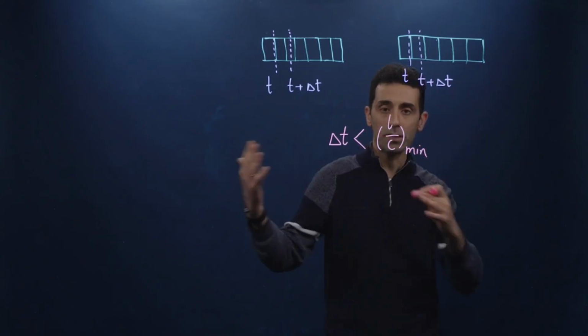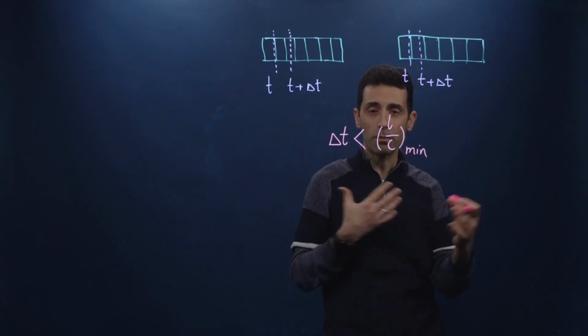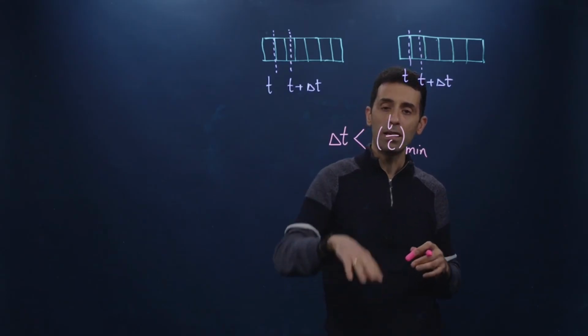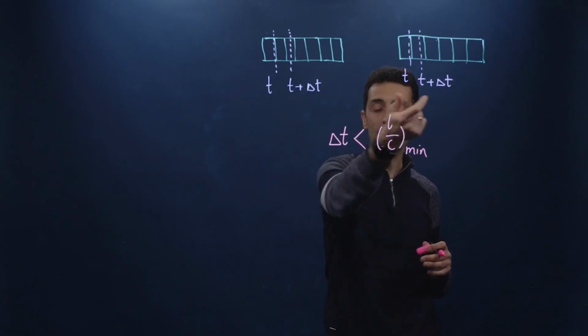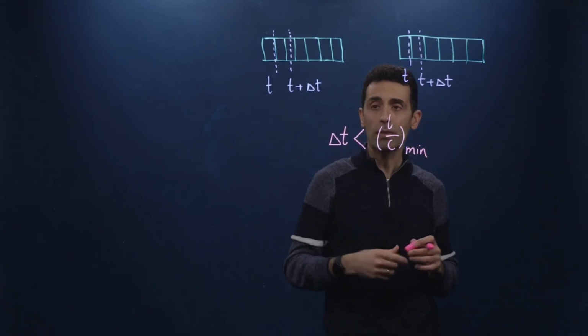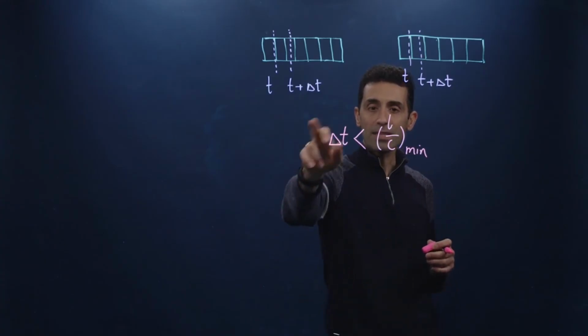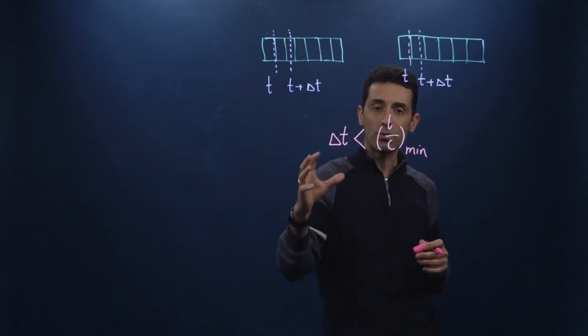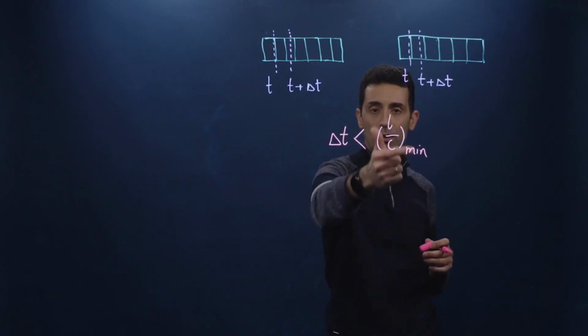You can have different materials in different parts of your model, and you can have different size elements in different parts of your model. That is fine, but you can then work out the ratio between L and C, which is that time we are talking about, and you find the minimum value of this. Delta t has to be smaller than the minimum value of L over C.